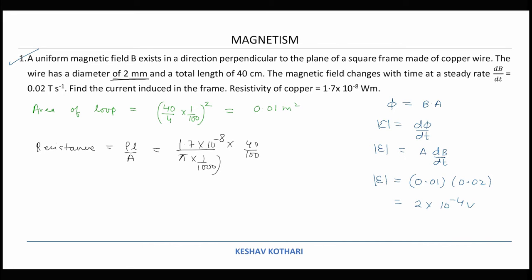This will give us the resistance of the wire in ohm. On calculation we obtain a value equal to 2.16 into 10 to the power minus 3 ohm.